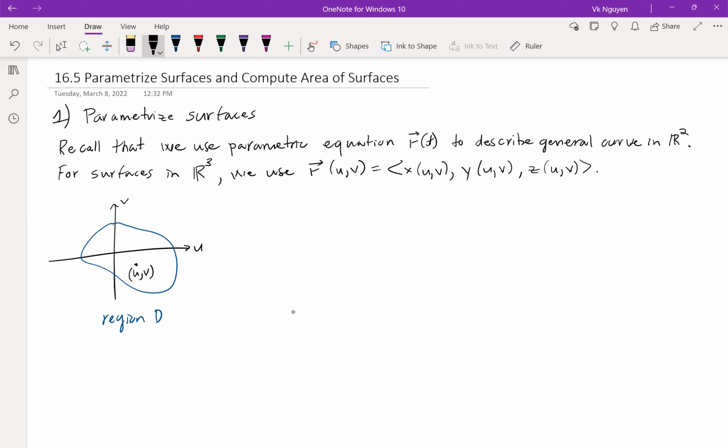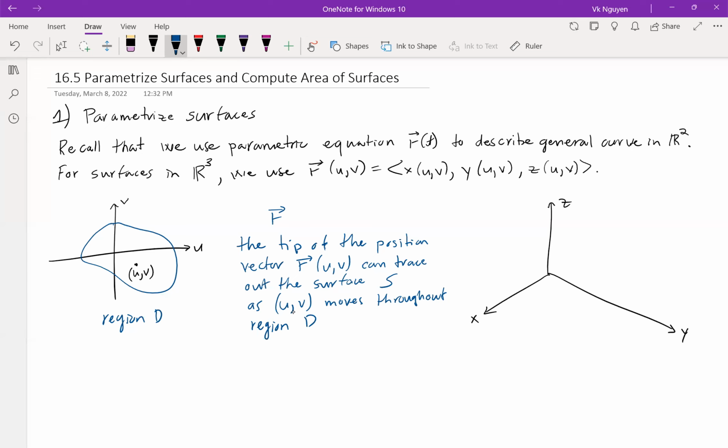Using the vector r, you can trace out the surface, that is the tip of the position vector can trace out the surface as we move (u,v) throughout the region D. You use a vector, so there's the vector here, and then you trace it all over. So when you trace it, of course you're going to trace out a surface here.